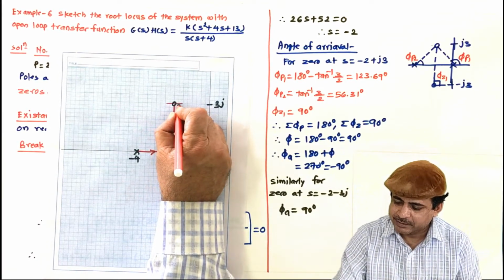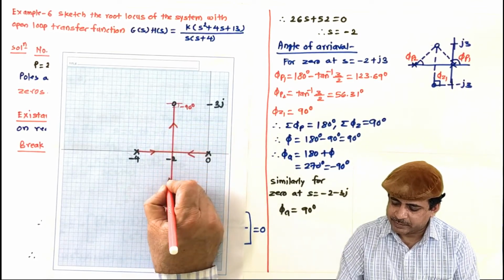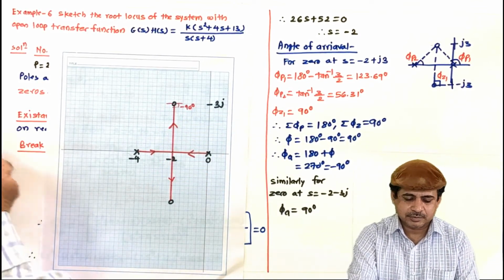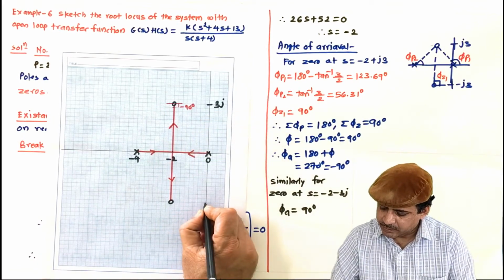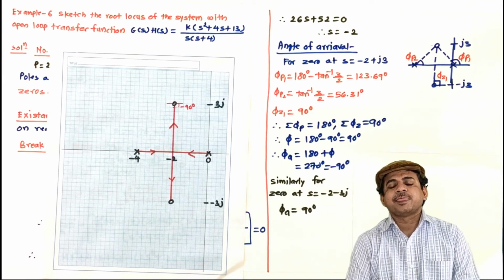So this angle is minus 90 degree. They are moving like this. This one is minus 90. Finish.